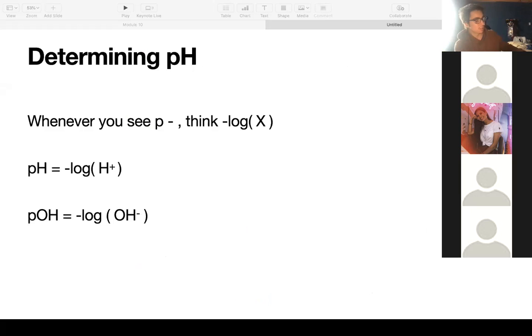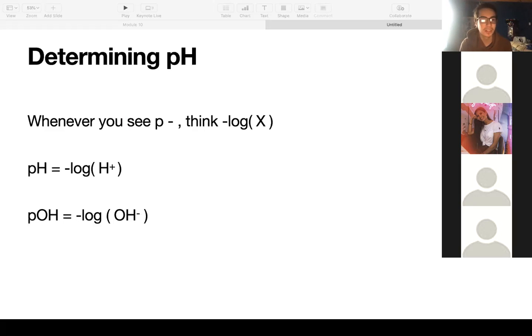But yeah, so the next thing I was going to talk about is determining pH. Whenever you see P and then something, think negative log of whatever is in front of the P. So when we're talking about pH, we're looking for the negative log of our protons, or of our hydrogen ions.